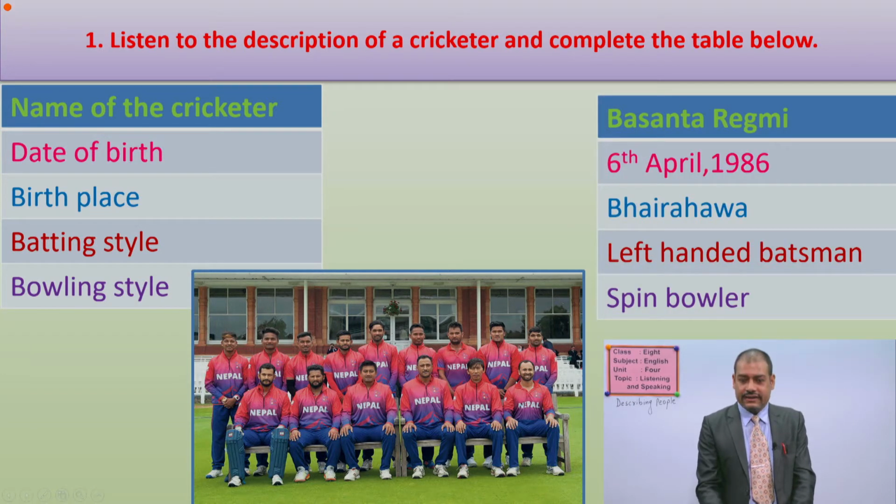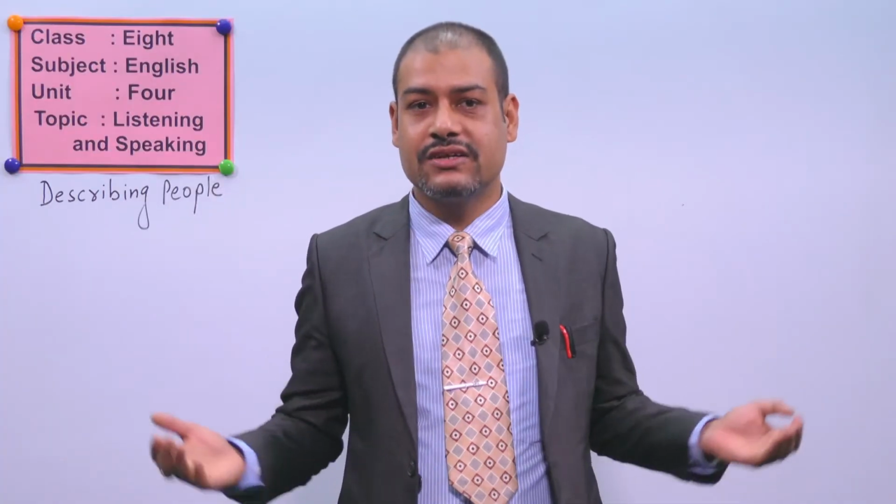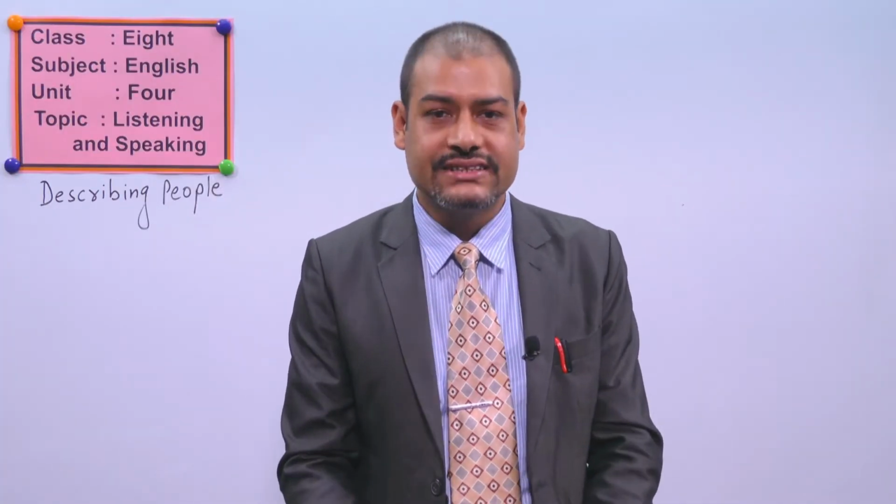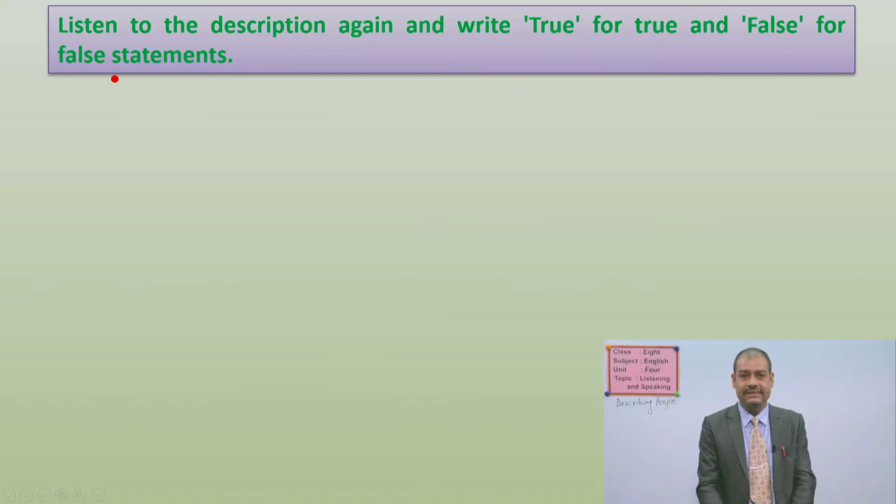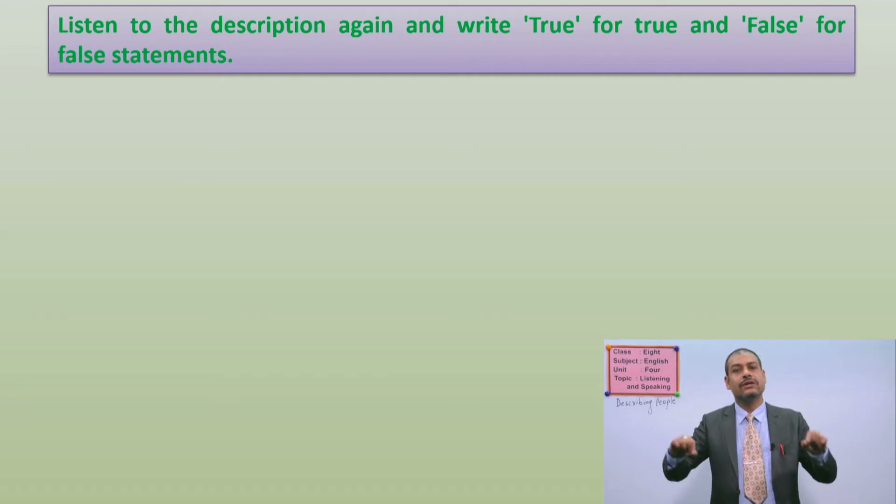So for that, again we have another question, okay. So another question for you is, listen to the description again and write true for true and false for false statements. It means there are two exercises for you. The first one is filling up the description of the cricketer, and in question number 2, you have to write down true or false about the cricketer, okay.